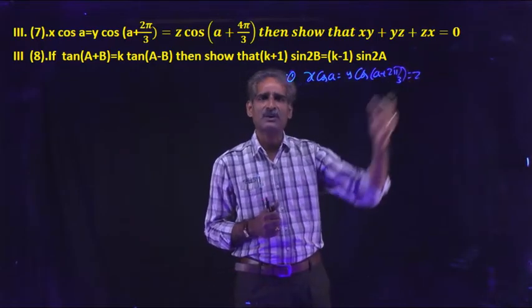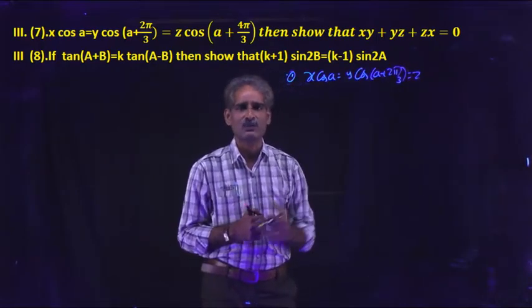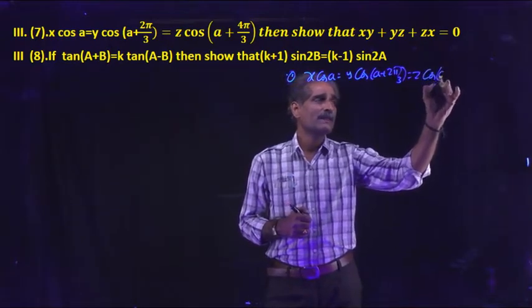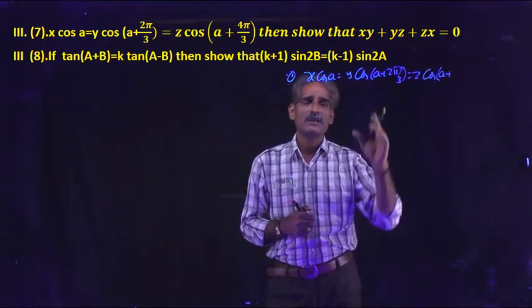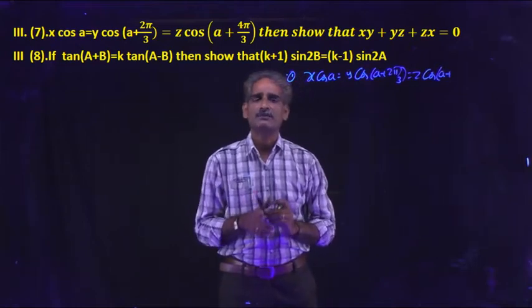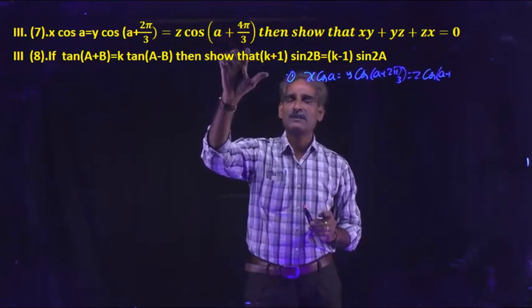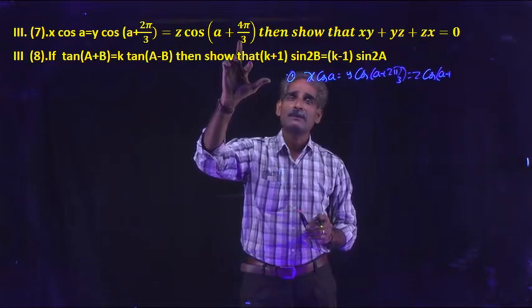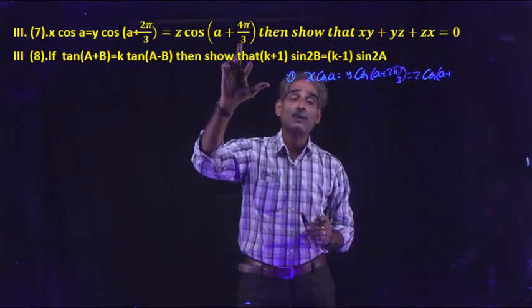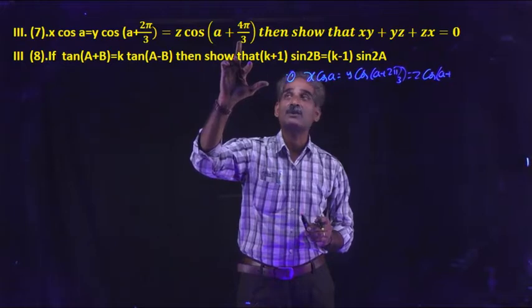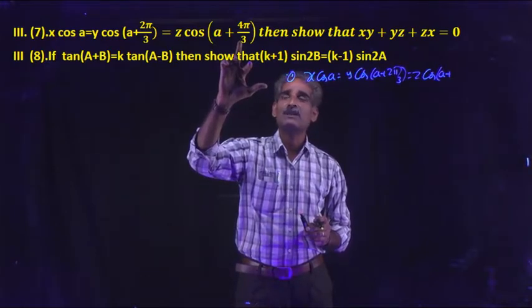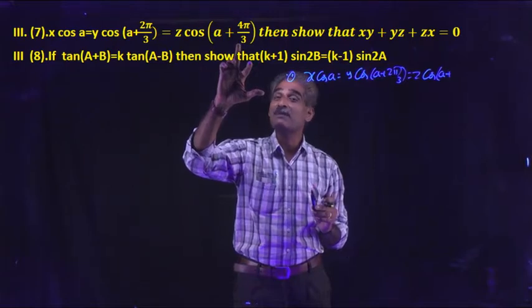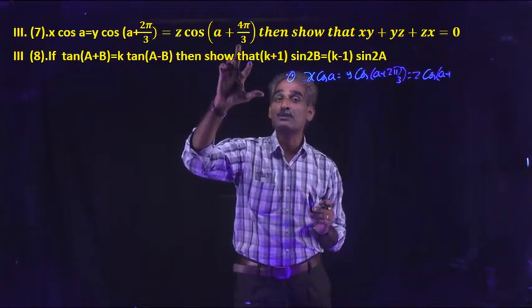Just try to write 4 pi/3 in terms of 2 pi/3. So 4 pi is equal to 6 pi minus 2 pi.